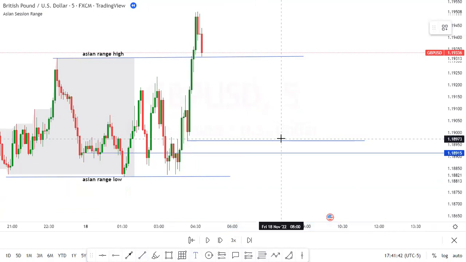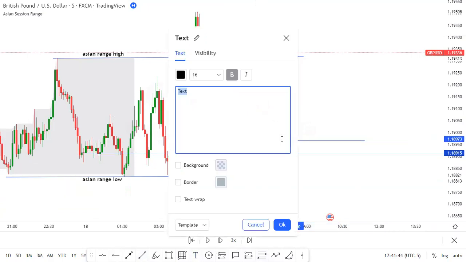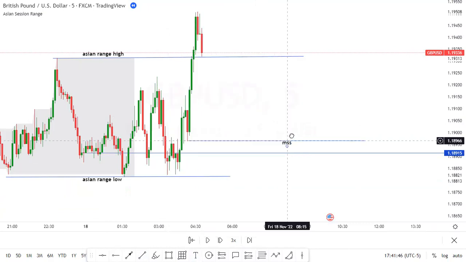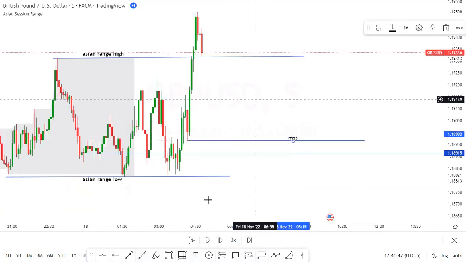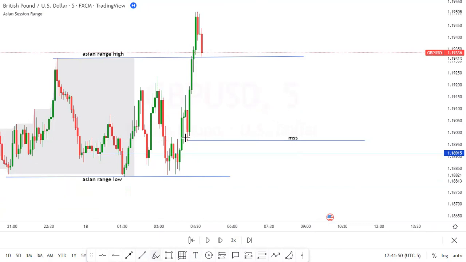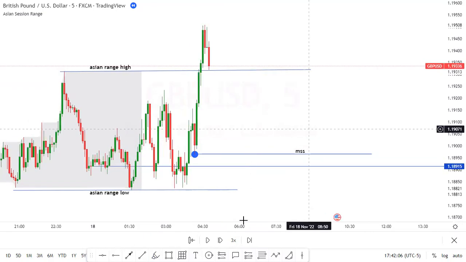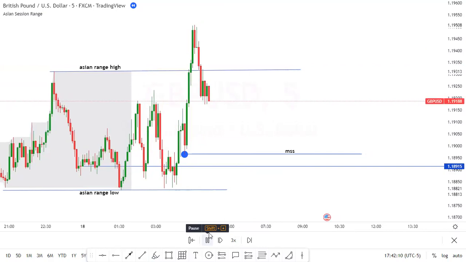If the market takes out that low, this is what I'm going to consider as a market structure shift. After I see the candles breaking below this level, I'm going to draw my fair value gap here, or just my order block. So let's see if we get a market structure shift.